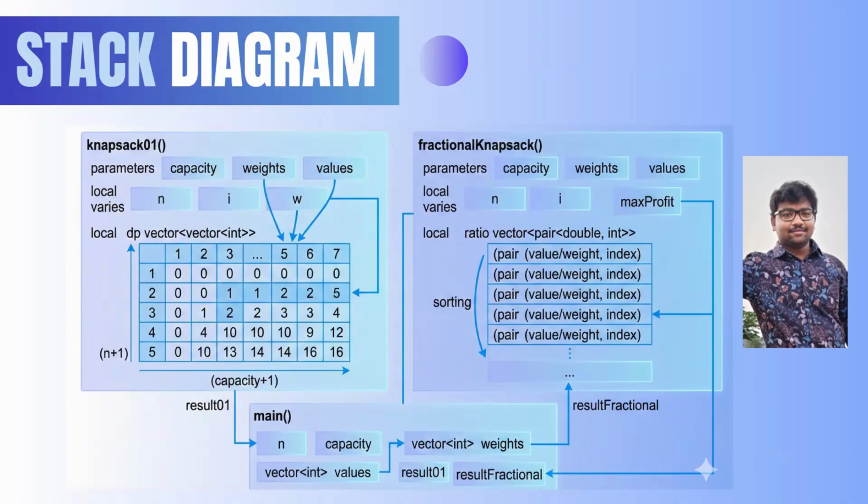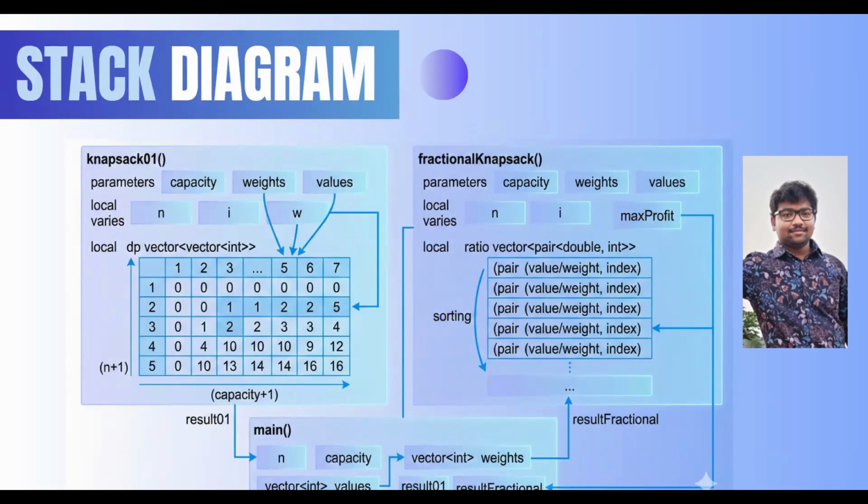The vector is then sorted in decreasing order. The algorithm picks items greedily, taking full items while capacity allows and taking a fraction of the next item when capacity is left. The final profit is stored in result fractional, which is returned back to main.